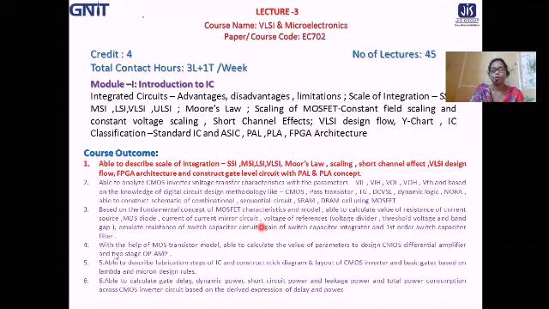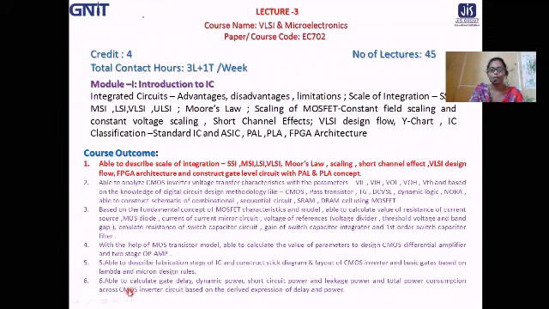The fourth course outcome is, with the help of the MOS transistor model, able to calculate the value of the parameters to design CMOS differential amplifier and two-stage op-amp. The fifth is able to describe fabrication steps of the IC and construct stick diagram and layout of the CMOS inverter and basic gates based on lambda and also the micron design rules.